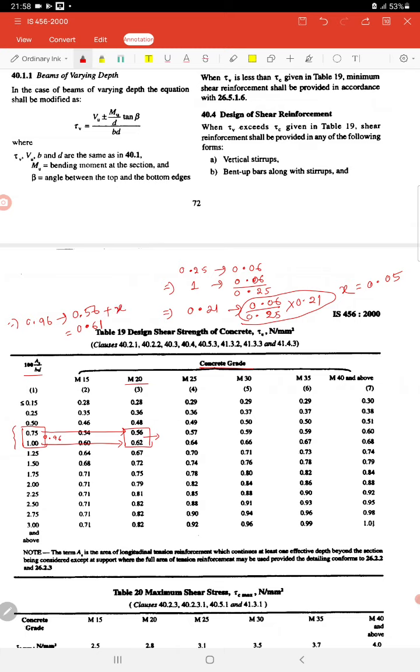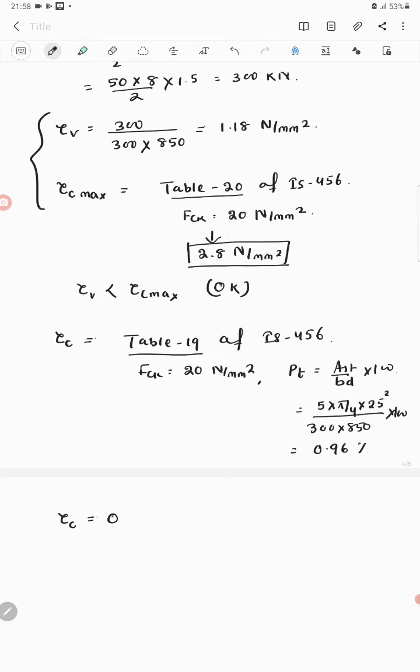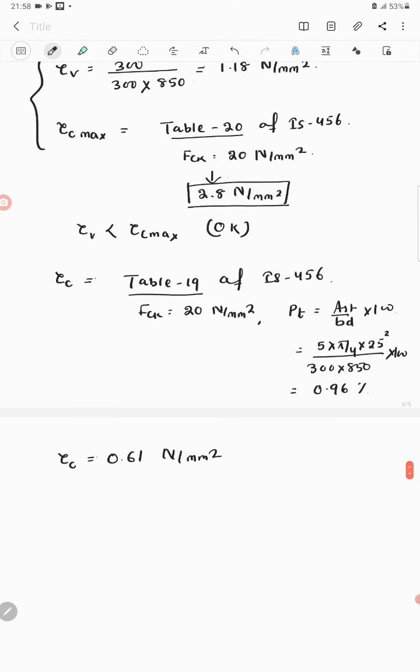Just add this value to the corresponding value of 0.56, so you will get 0.61. So this value will be 0.61 Newton per mm square.